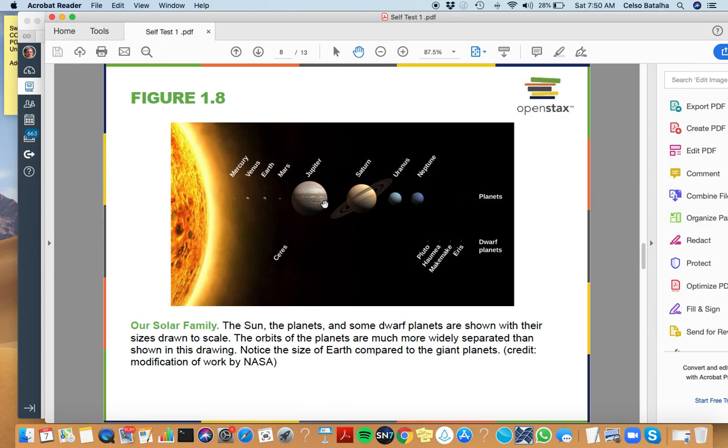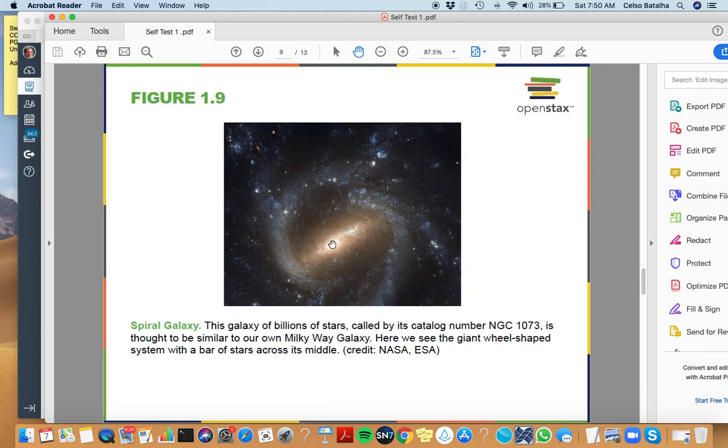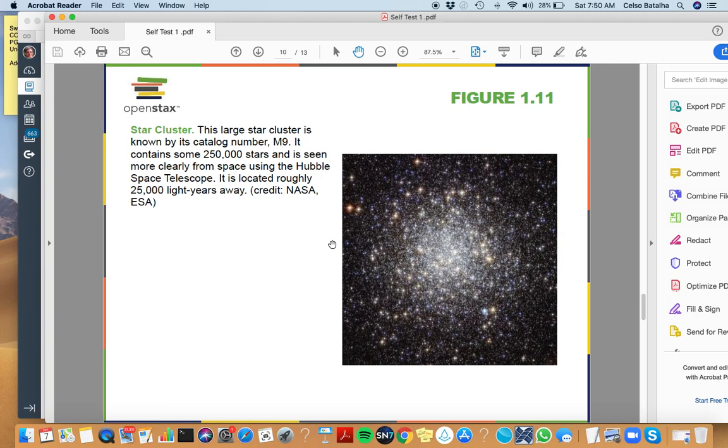For instance, in the Sun's diameter you can put about 10 Jupiters one next to the other, and Earth is 1/10 of that. So 100 Earths can go in one solar diameter. Here's a picture of spiral galaxies. Stars form in associations, in groups.